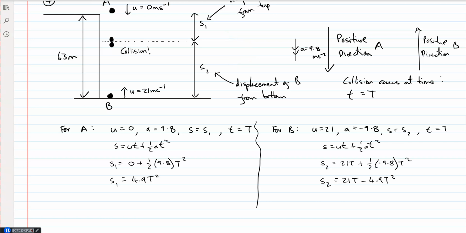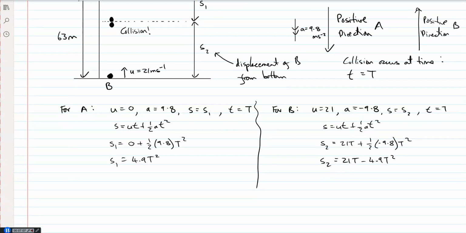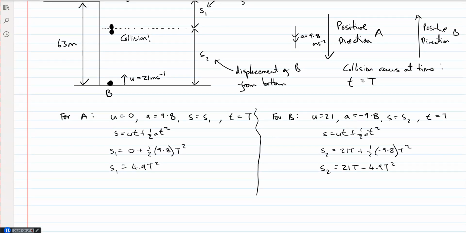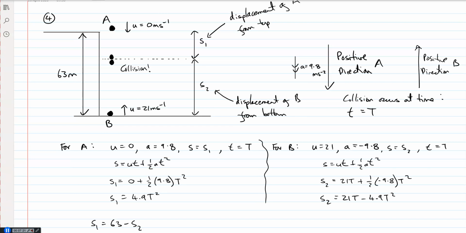But what we do know is that S1 will be 63 minus S2. And that's because the height of the tower is 63. So the total distance here is 63.